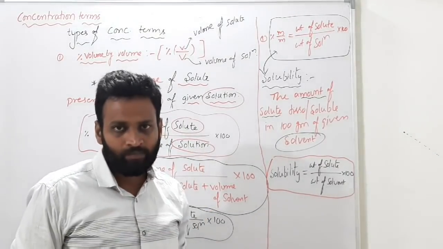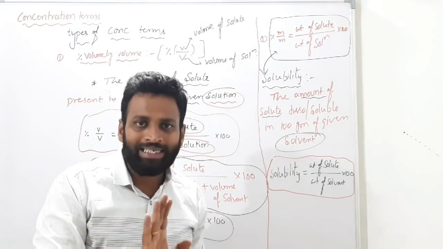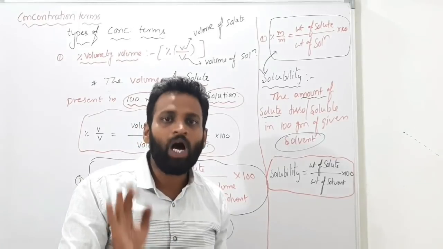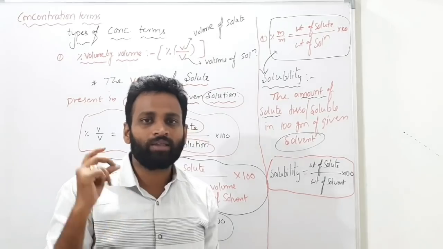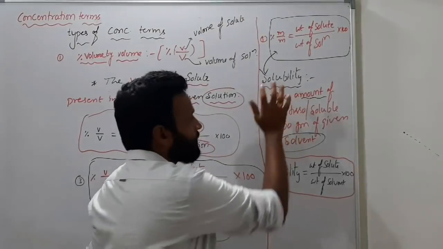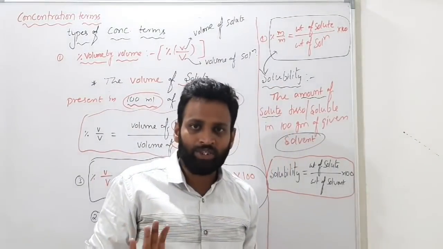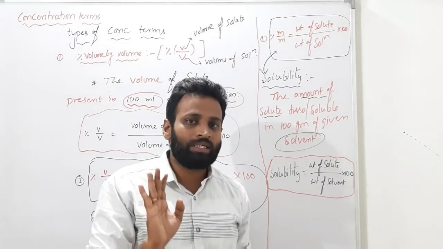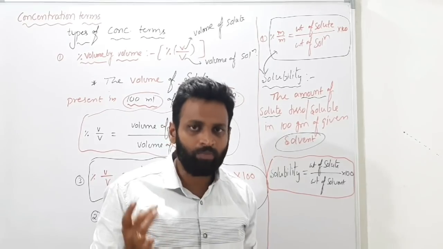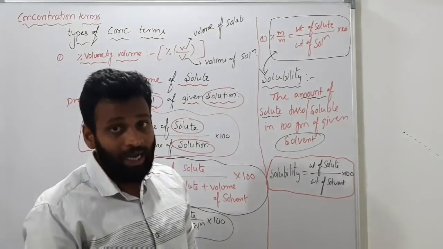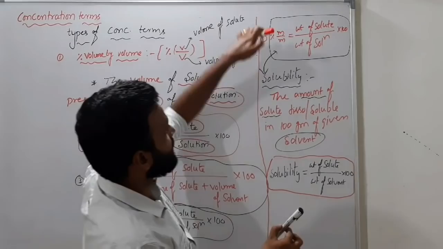Solubility is not a concentration term. How much solute can dissolve in a particular solvent, that indicates solubility. We discussed three concentration terms: percentage weight by weight, percentage weight by volume, percentage volume by volume. And what exactly is the difference between percentage M by M and solubility?